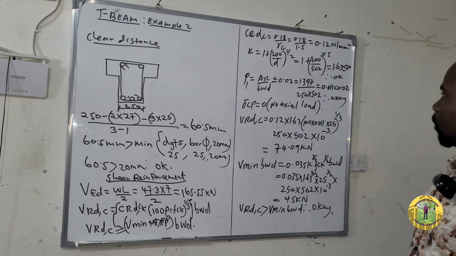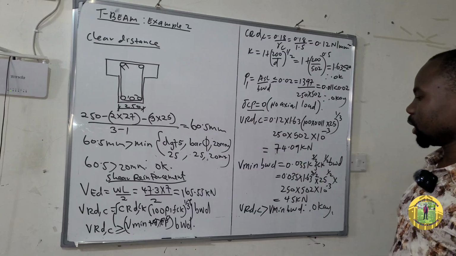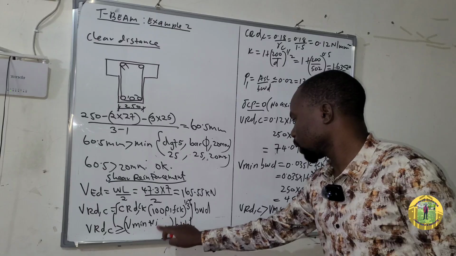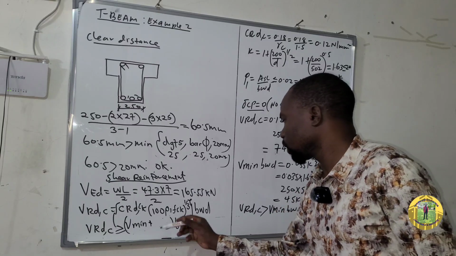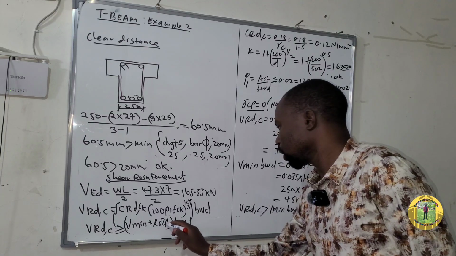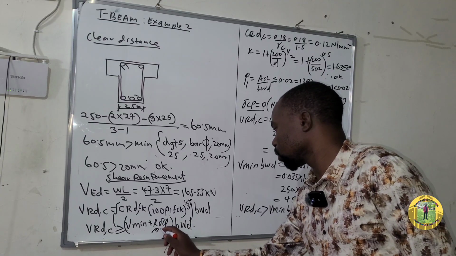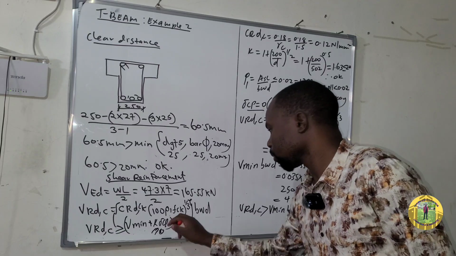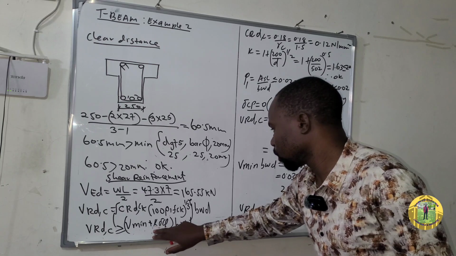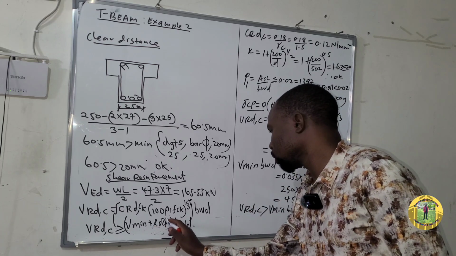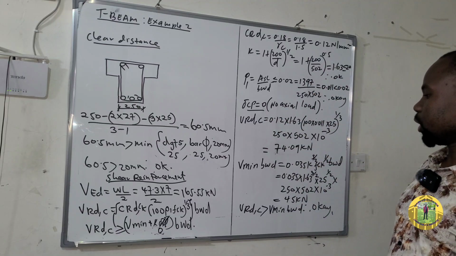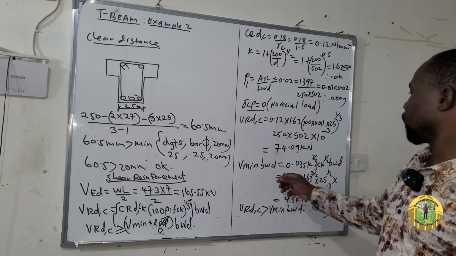So remember, if this is 0, then it means this one, K, will equal to 0. Therefore, we will remain only with V mean. So 0 times K is 0. So we will remain with V mean BWD.